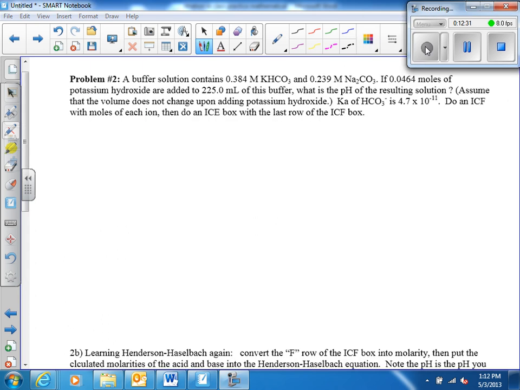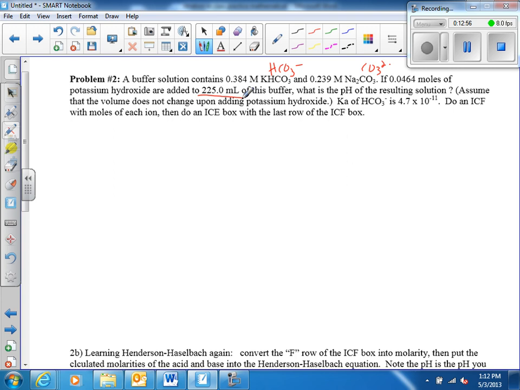All right, new problem. So above for solution, all we care about here is the HCO3 minus and the CO3 2 minus. Okay, we've got moles of potassium hydroxide, we've got molarities. Oh, I was going to say, I need my volume. It's not going to make any sense if I don't have volume. What is the pH of the resulting solution?